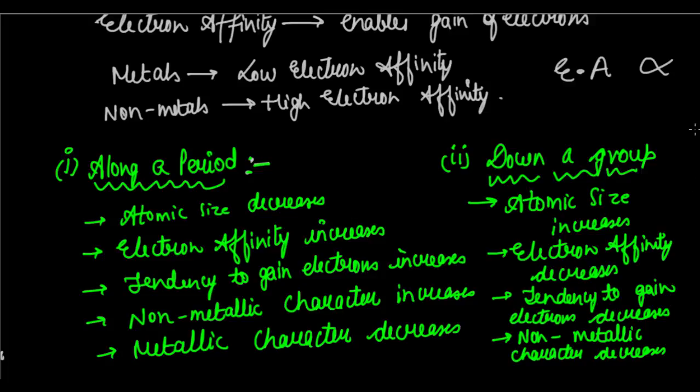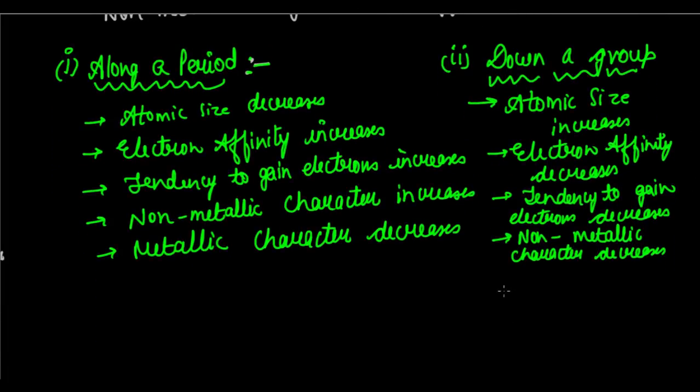And ultimately, as a result, your metallic character will increase. Right? So this is the variation of electron affinity along a period and down a group.